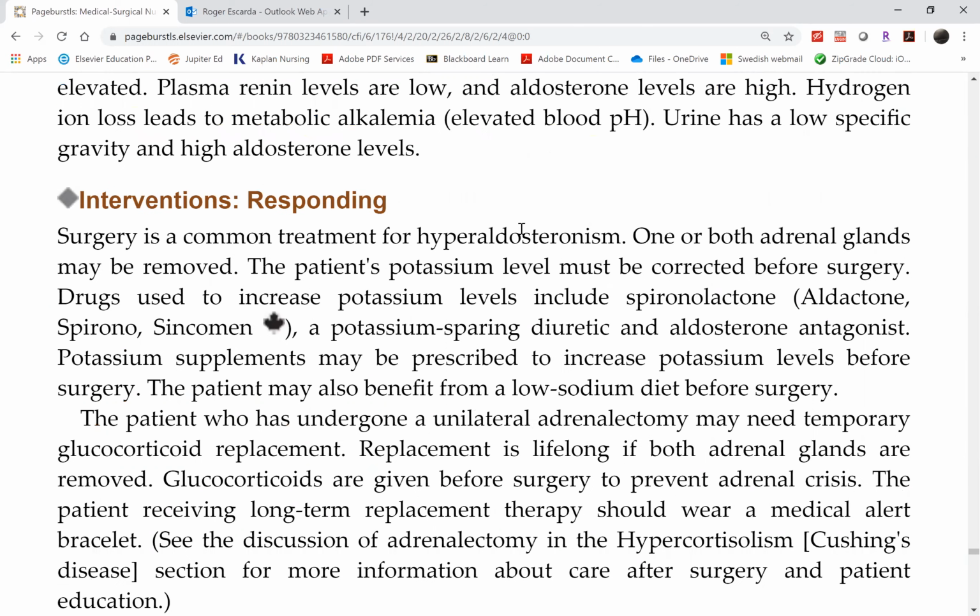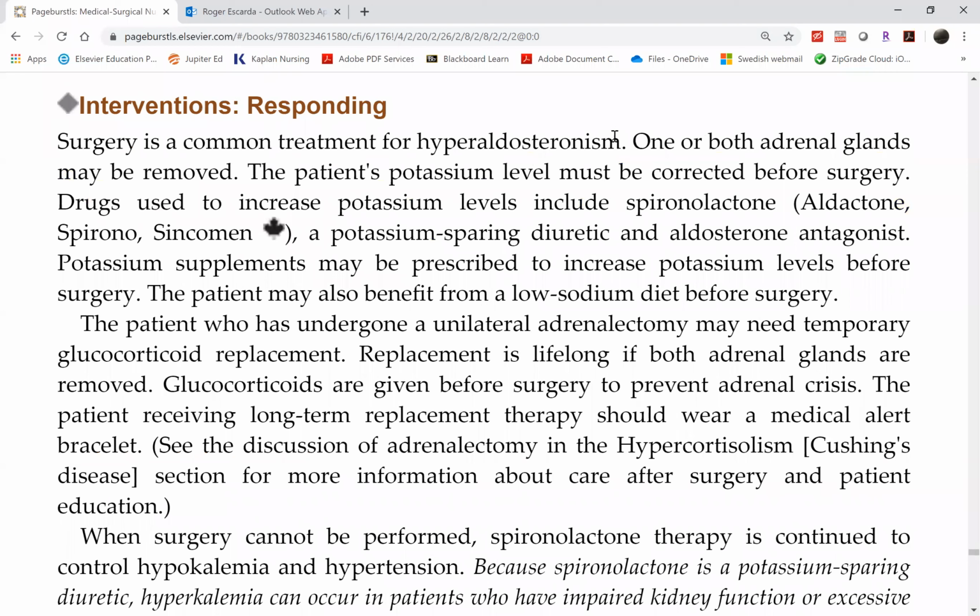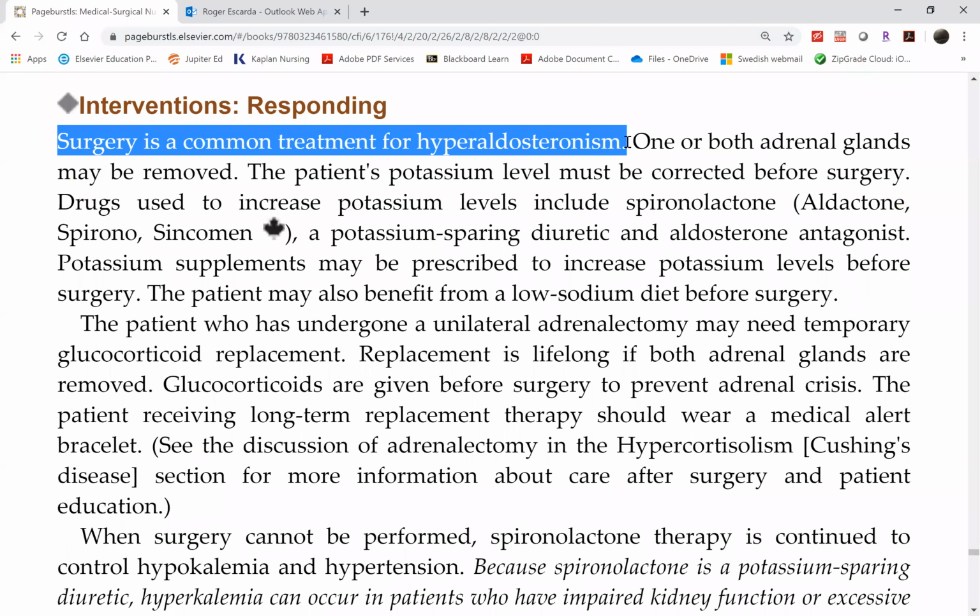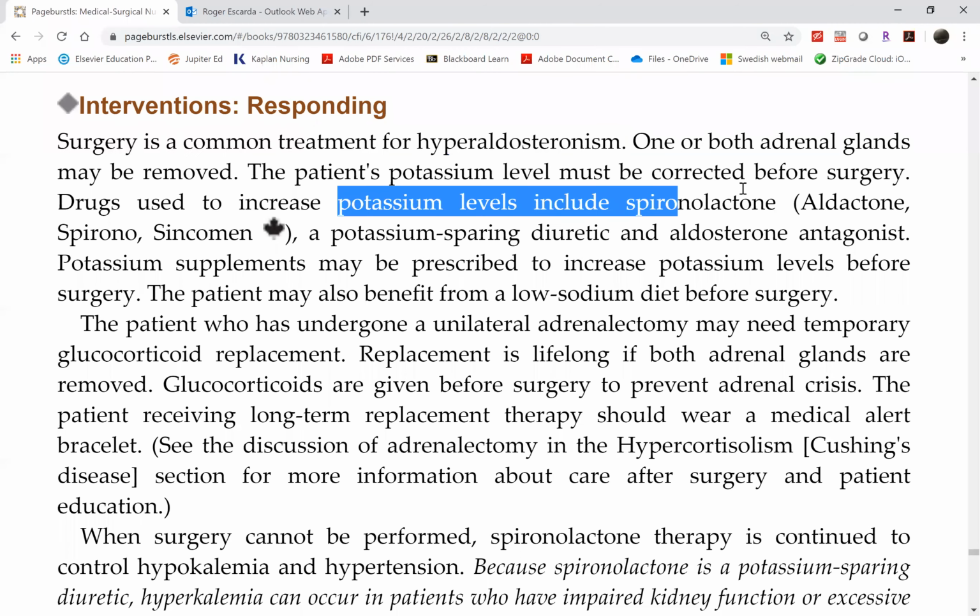Since surgery is our end goal, you support the patient until the day of surgery. So the medications are symptomatic. You give blood pressure medications and potassium-sparing diuretics.